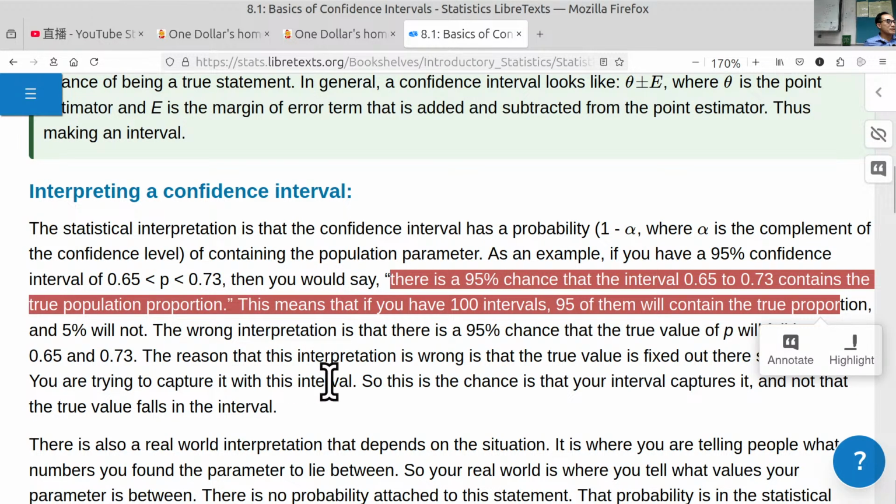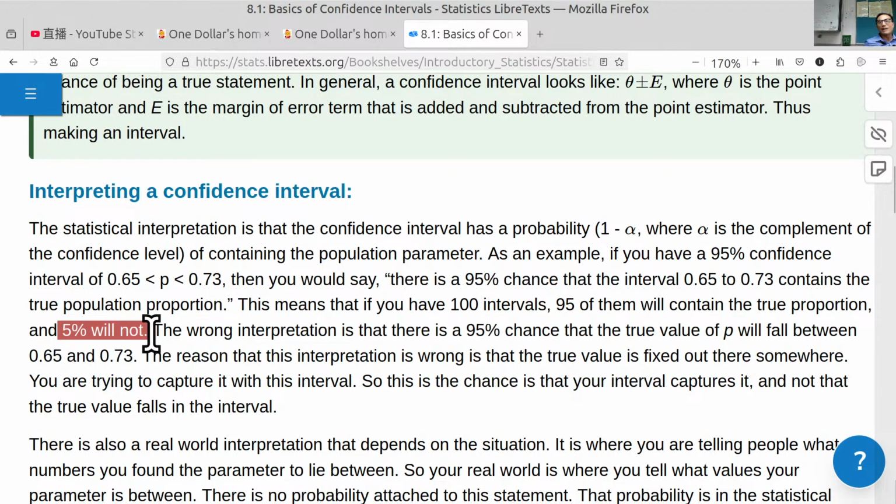This means that if you have 100 intervals, 95 of them contain the true proportion, and 5% will not. 5% will be outside of the range.